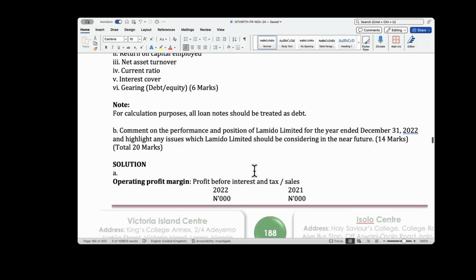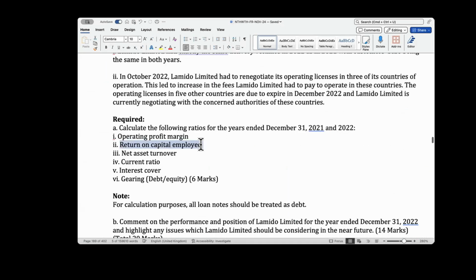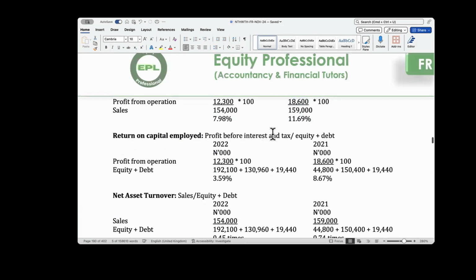I move to the second one, which is ROCE, return on capital employed. So I did PBIT over equity plus debt. You know, your ROCE is profit over capital employed, right? I intentionally use PBIT because I have my PBIT here already.